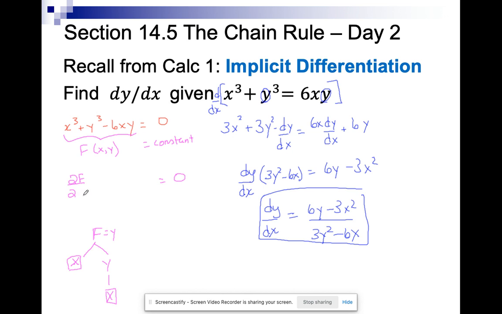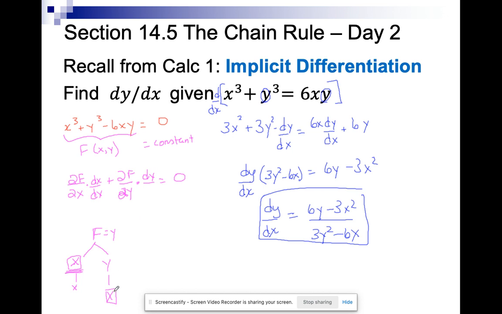Partial f, partial x. Technically, if you want to think about the fact that x is dependent upon itself, right, it's independent, so you're multiplying times dx over dx if you really want. I just usually stop my tree here if I'm not dependent upon anything else. And del f del y times dy dx.